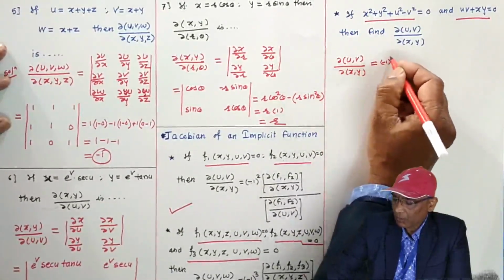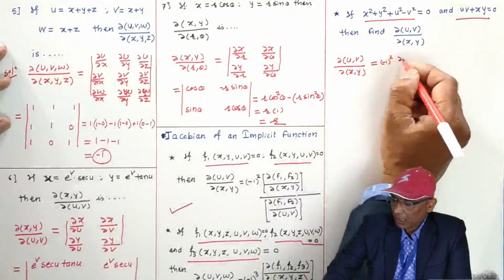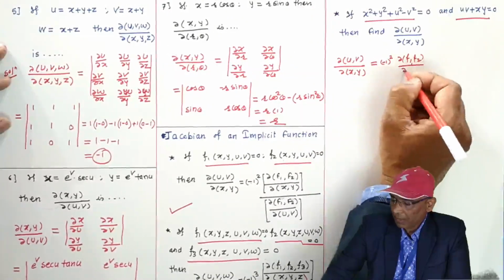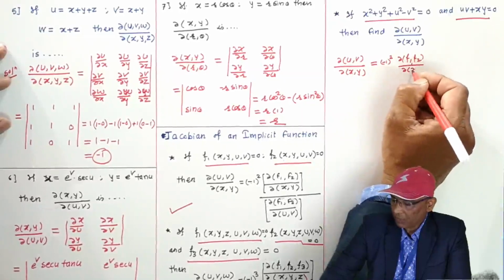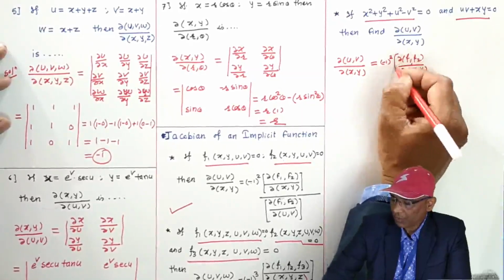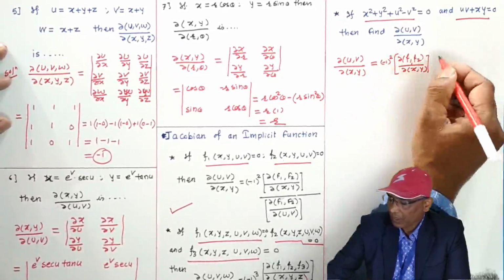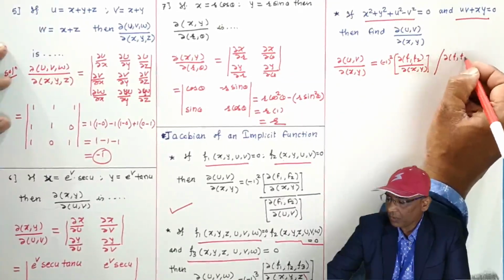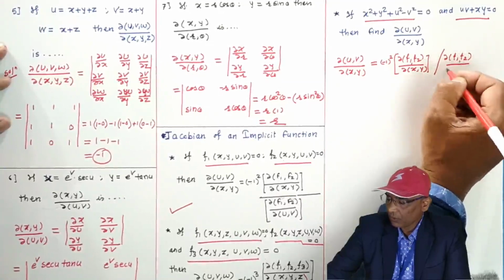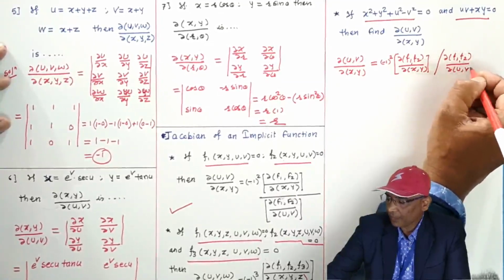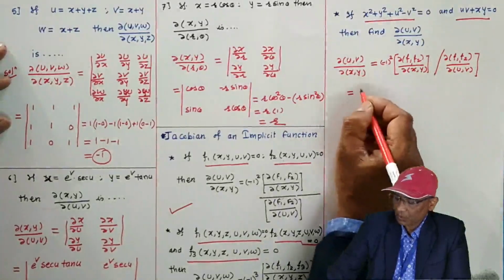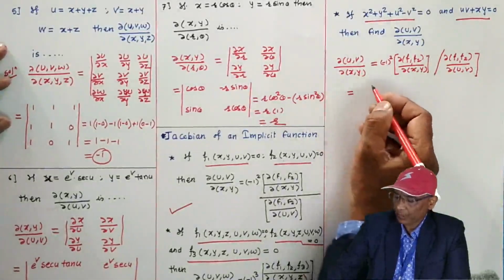Minus 1 to the power 2 del f1 f2 by del xy. This is the first Jacobian divided by del f1 f2, meaning Jacobian of f1 f2 with respect to u and v. Now this equals minus 1 to the power 1 is 1, no need to write.